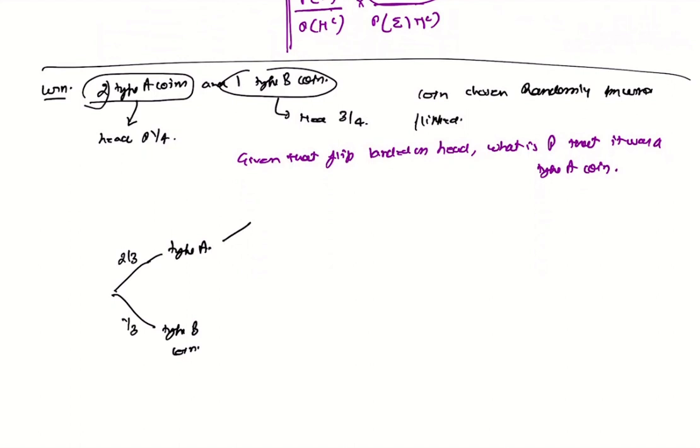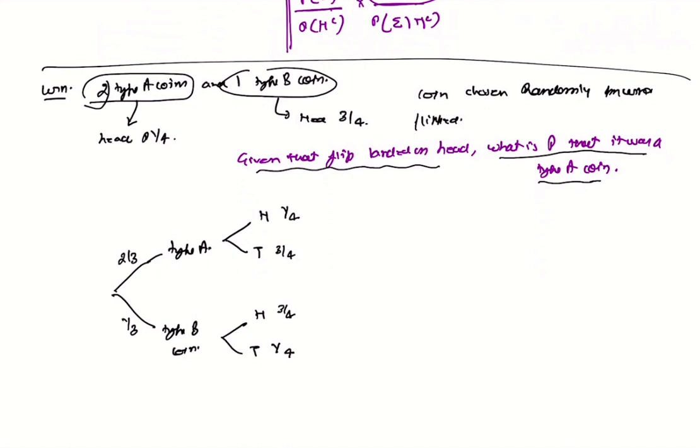Now when you flip a type A coin, you get a head with a probability of 1 by 4 and a tail with a probability of 3 by 4. With a type B coin, the head is 3 by 4 and the tail is 1 by 4. Now we have this new evidence: given that the flip landed on head, what is the probability that it was a type A coin?